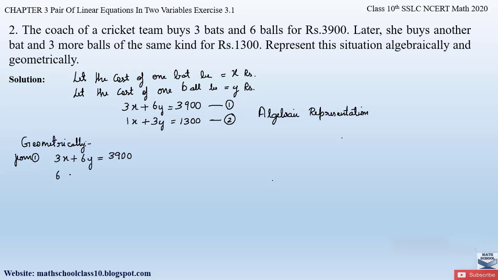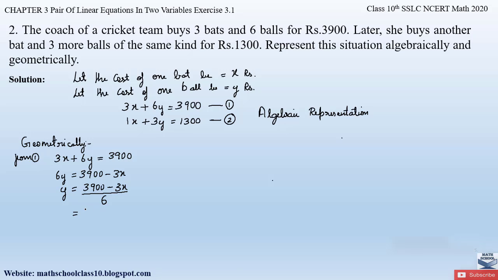Sending 3x to the right hand side, we get 6y is equal to 3,900 minus 3x. Sending this 6 to the right hand side, we get y equal to 3,900 minus 3x divided by 6. Here you can observe that we can take 3 common from both numerator and denominator.